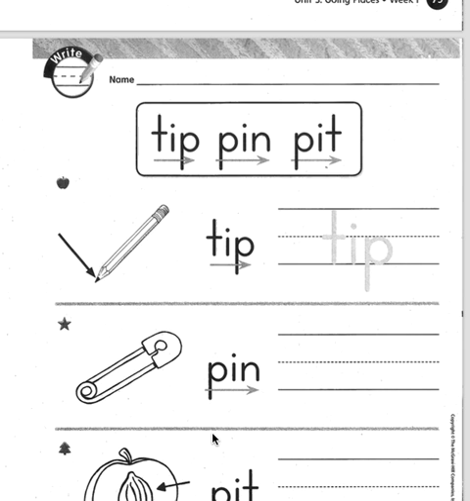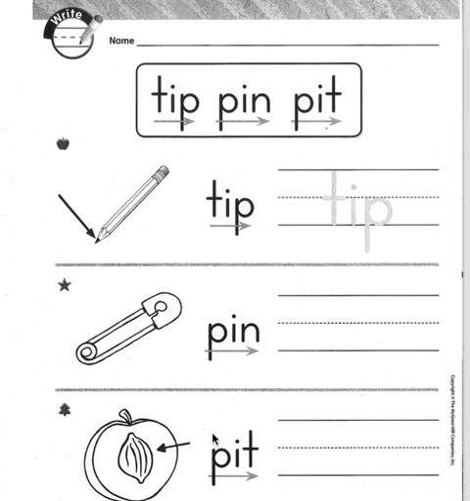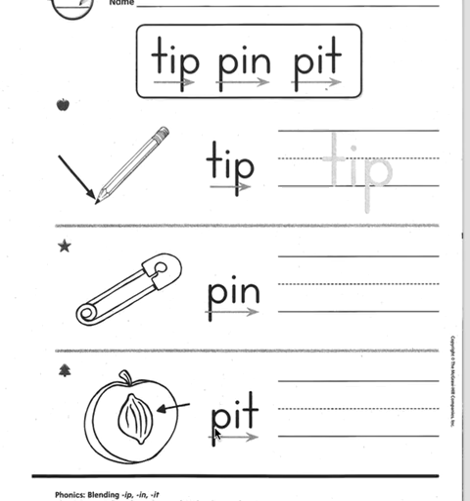You have to put your name on the paper. And let's continue. This time we're going to blend with short I like we've been practicing. Our words are tip, pin, pit. So right now I want you to put your pencils down, stretch your arms out, and let's practice blending the sounds.